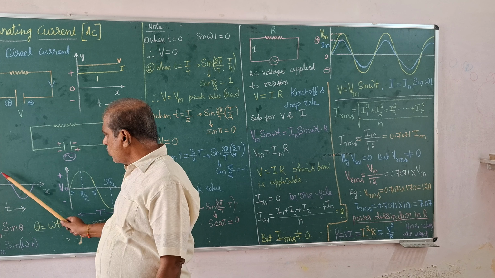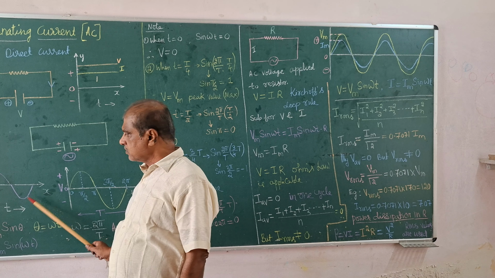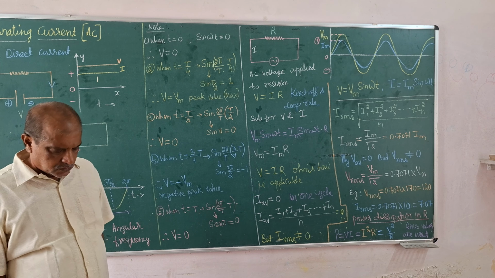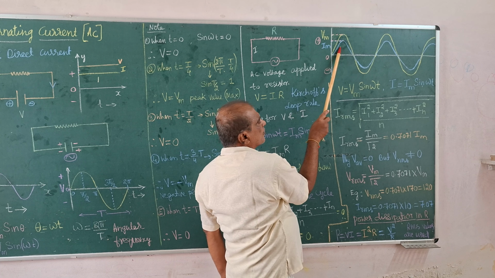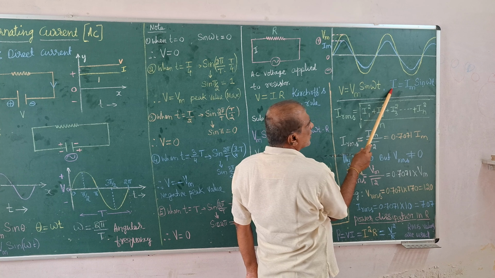This is for the voltage. And what is for the current? The same equation applies for the current as well. This is the same sinusoidal wave. Therefore, we have the equation for the current. The current I is a variable current in an AC circuit, and V is a variable voltage in an AC circuit.